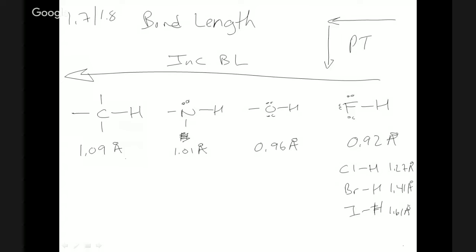Okay. And so that bond is going to get longer. Okay, so we want to learn bond length trends and keep those in mind. I'd say bond length trends are far less important than bond angle. Okay, so out of the 2, bond length and bond angle, we really want to understand bond angle. Shape is going to matter a whole lot more than bond length.